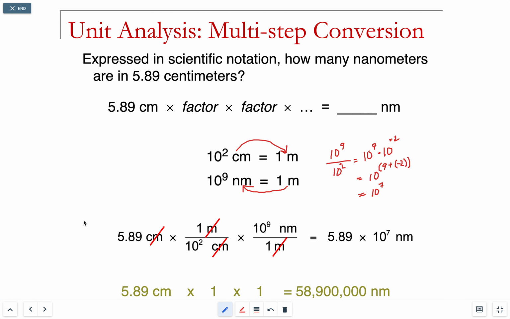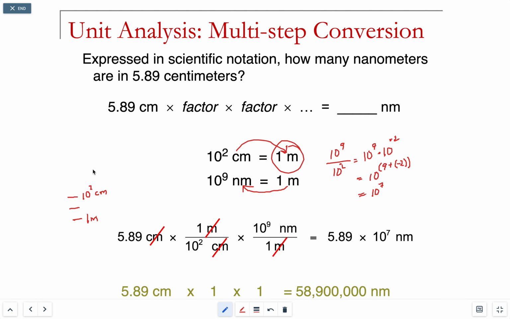If we have 1 meter, our linchpin, and we go up here and we multiply by 10 in each case, that is 10 to the 2nd centimeters, right? 1 meter equals 100 centimeters.